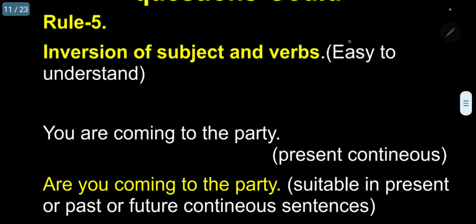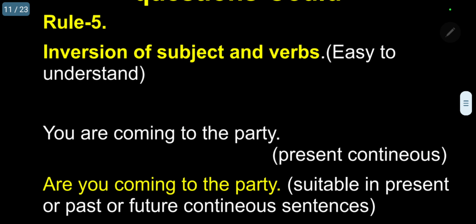Rule 5. Inversion of subject and verbs. That means we can simply form a yes or no question by simple inversion. Use the verb and subject for the question, then reverse the subject and verb, and automatically you get the question.